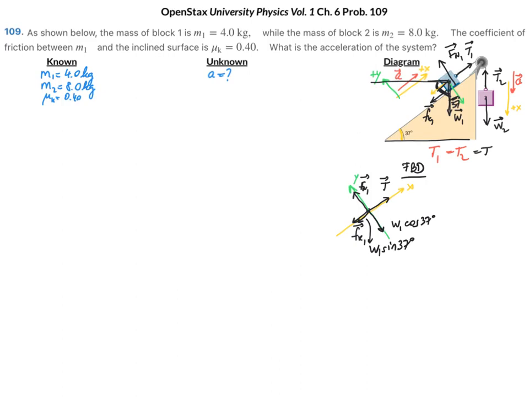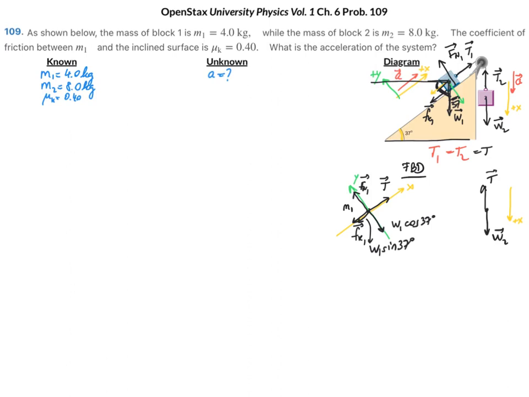All right, now I have the free body diagram for mass 1. For mass 2, I only have two forces. I have W2 going in the positive x direction, and I have tension going in the negative x direction. So let me draw my plus x axis. It goes this way.